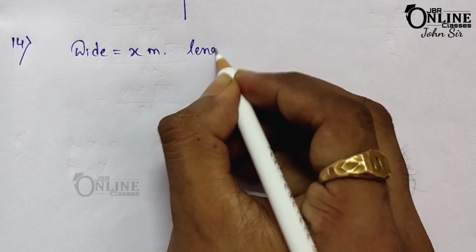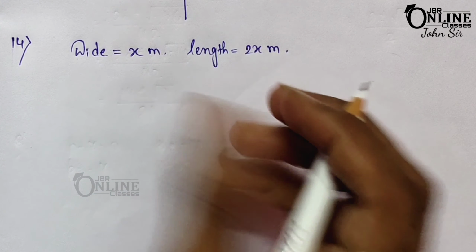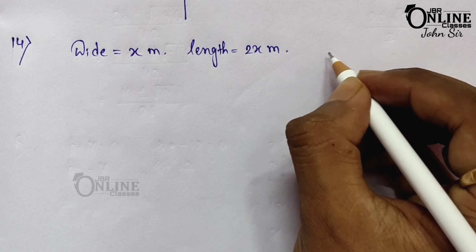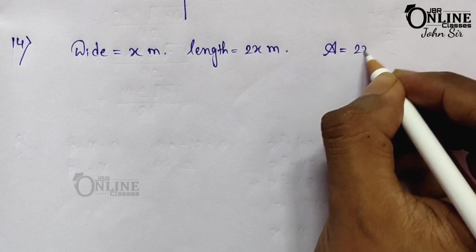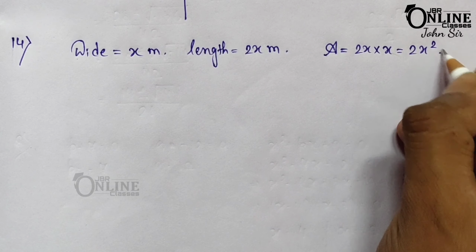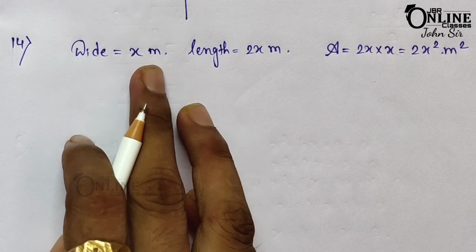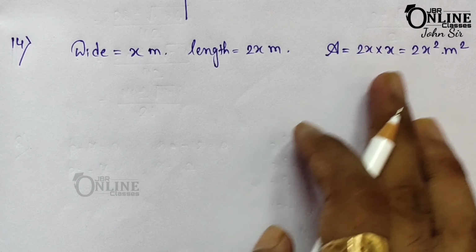So definitely the length will be twice, that means 2x meter. And you know the area equals 2x into x, and that equals 2x square meter square.